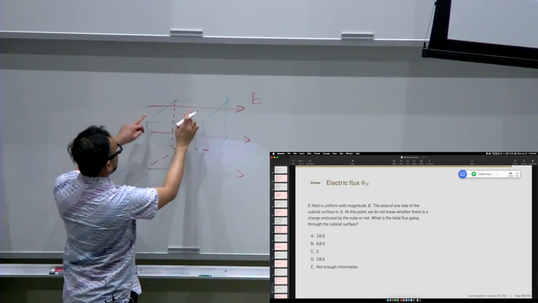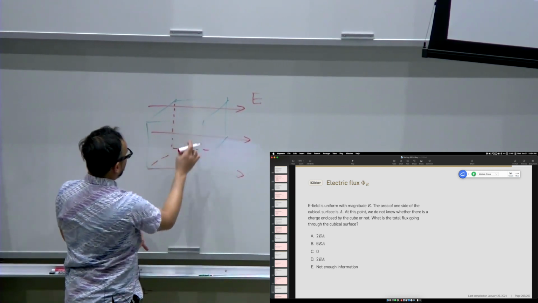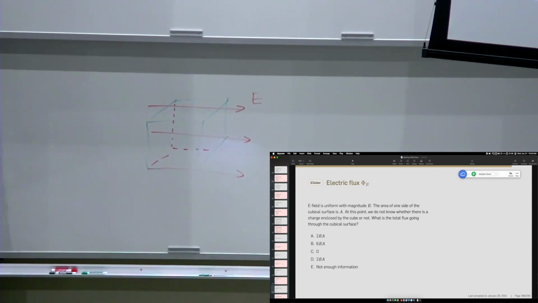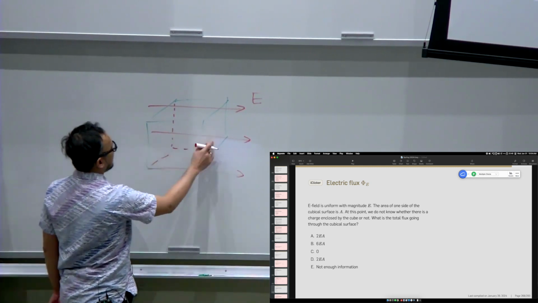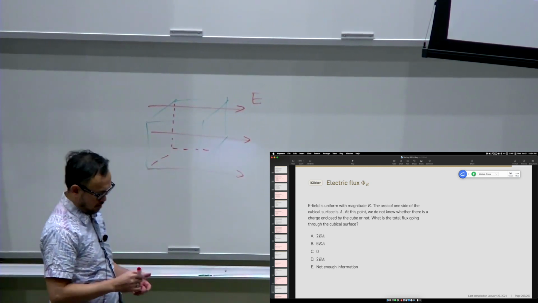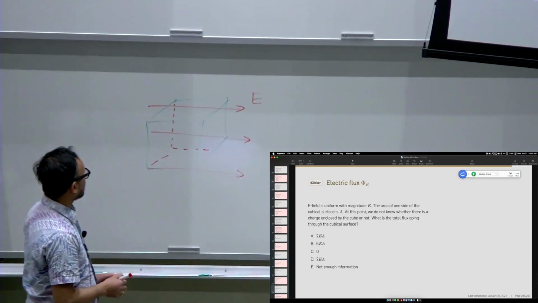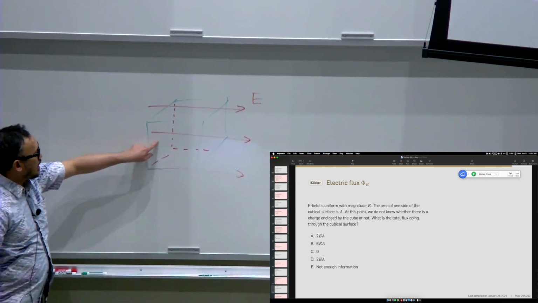So in this case, the flux on the top, bottom, and sides is equal to 0 because they are perpendicular. When I say perpendicular, I mean perpendicular to the line that is normal to the surface, the normal vector. So there are only two areas with non-zero flux, which is this area and this area.